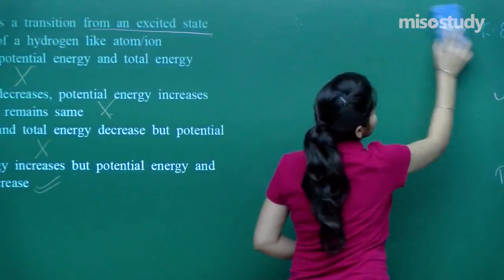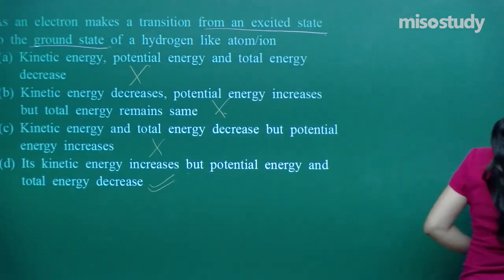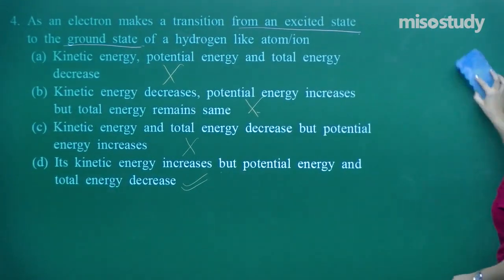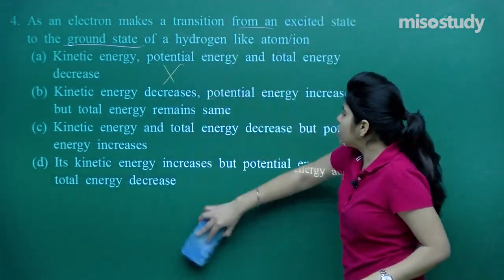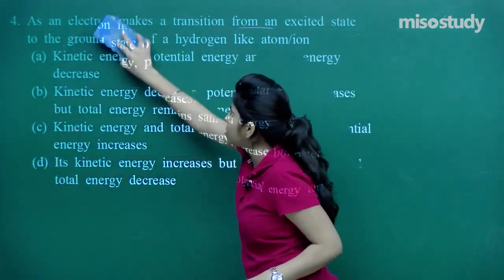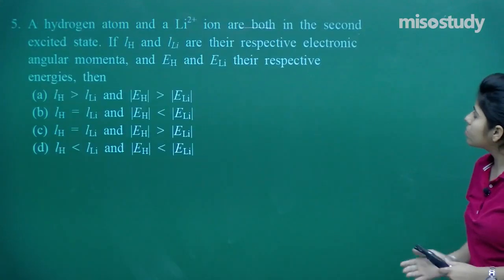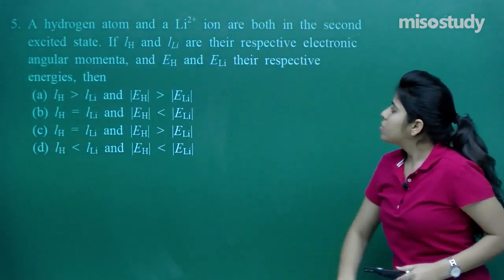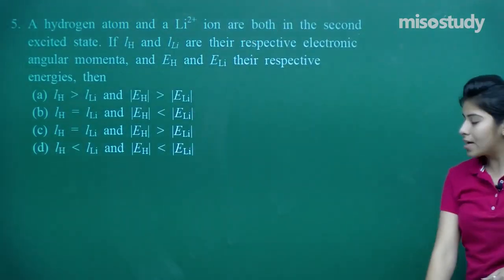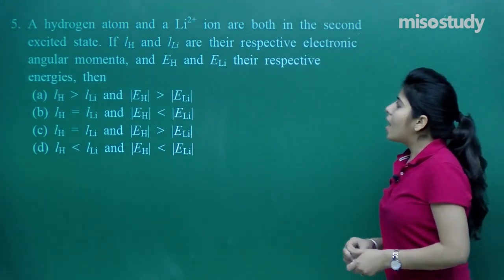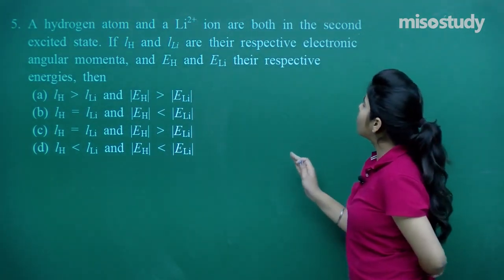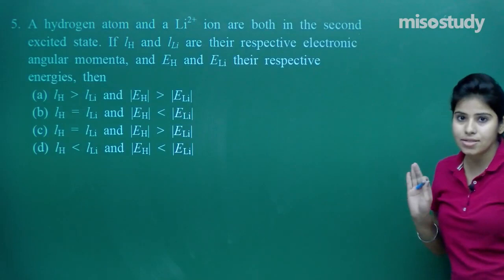We will now be moving towards the next question of the session, and we will see what the next question before us is. Before that, I should clean the board for you. Okay. So the next question says that a hydrogen atom and a lithium ion are both in the second excited state.